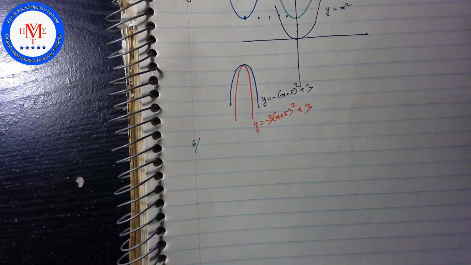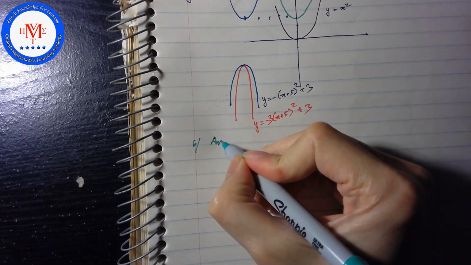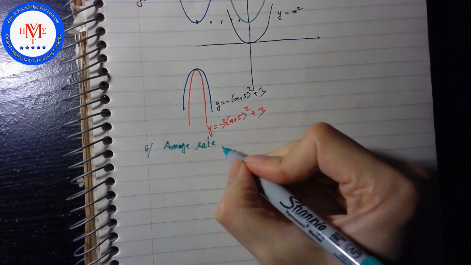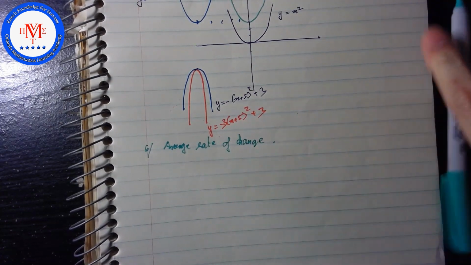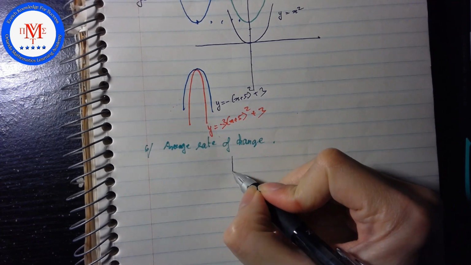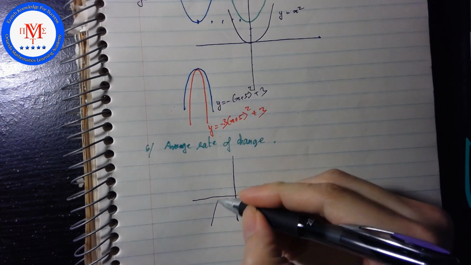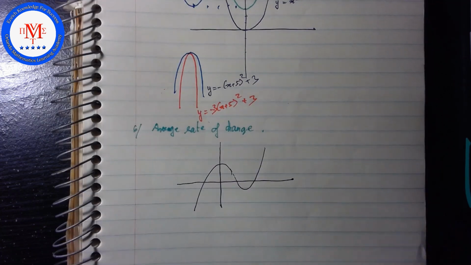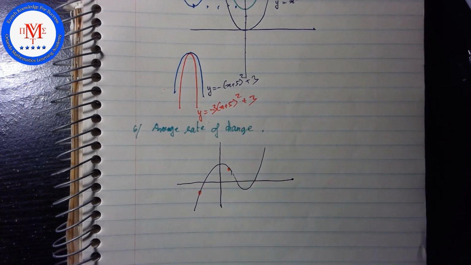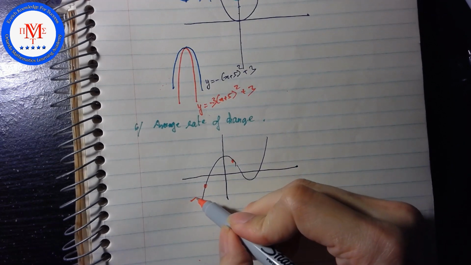Average rate of change. So if I have the graph of a nonlinear function, something like this, and on this curve I pick 2 points, and I connect these 2 points to create a line, we call this line a secant line.